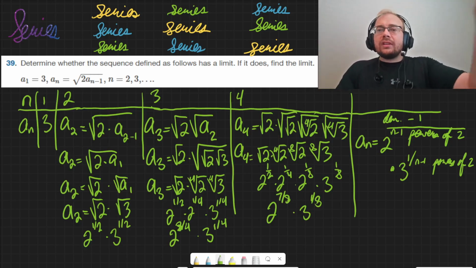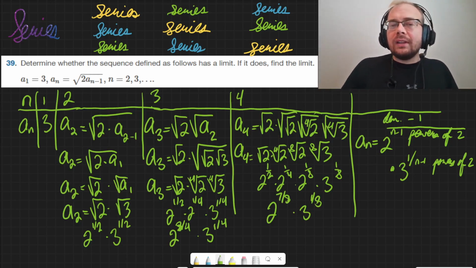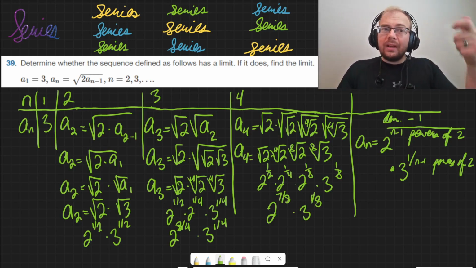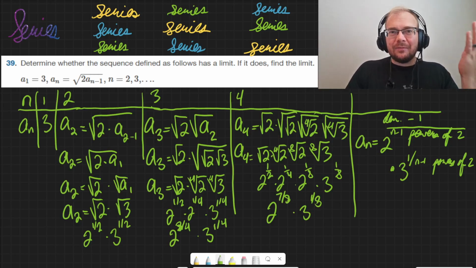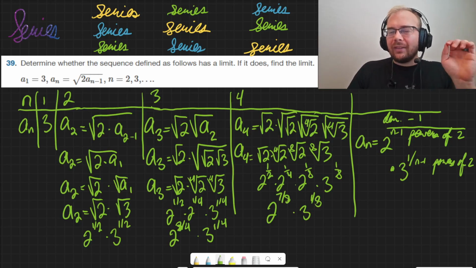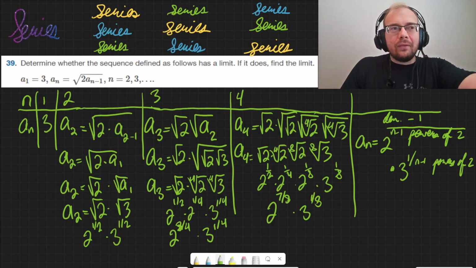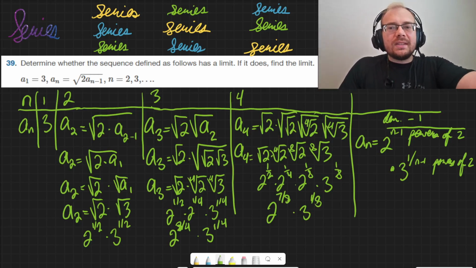We actually looked at what was happening with the limit of the first part on the previous one. So check that video. If you haven't looked at 38, look at 38, because I went in more detail there than I probably will in this video, because I don't want to have every video be super long. If this is going to infinity, then we're essentially going to have 2 to the first power, right?